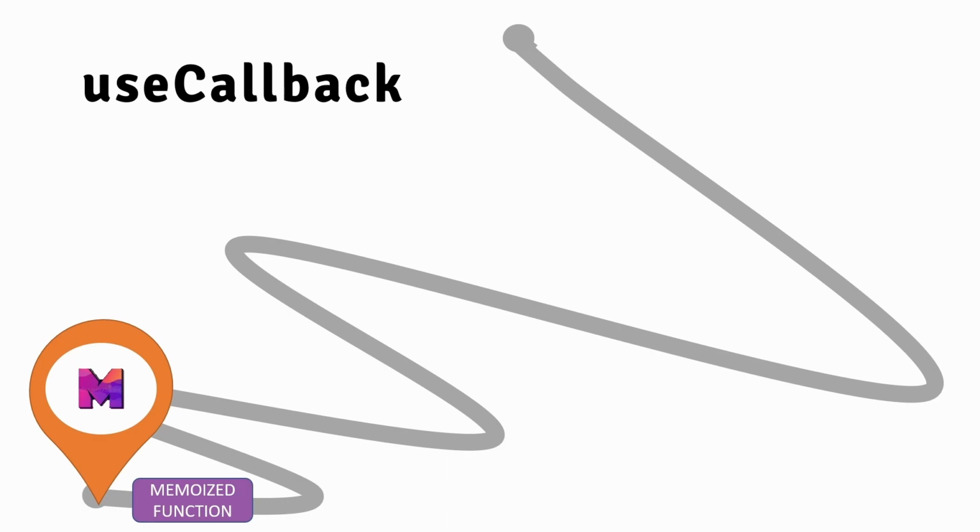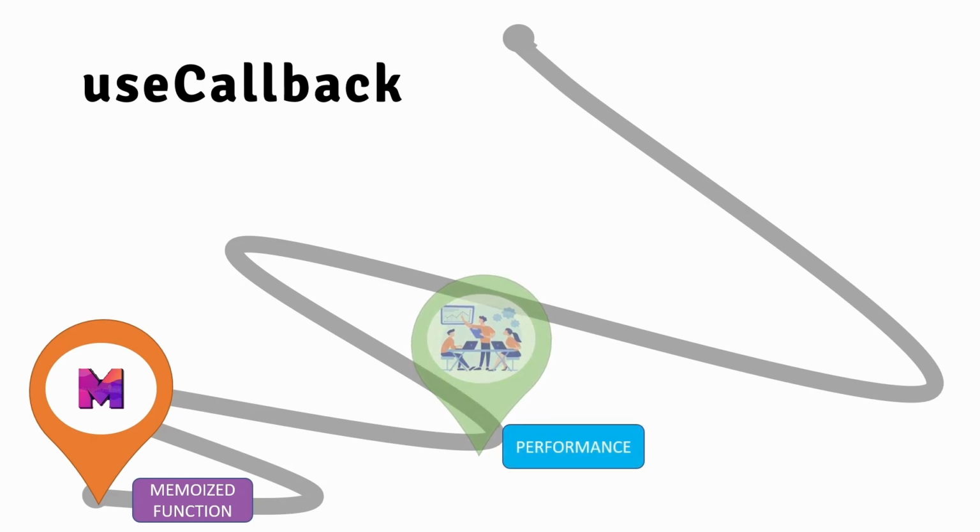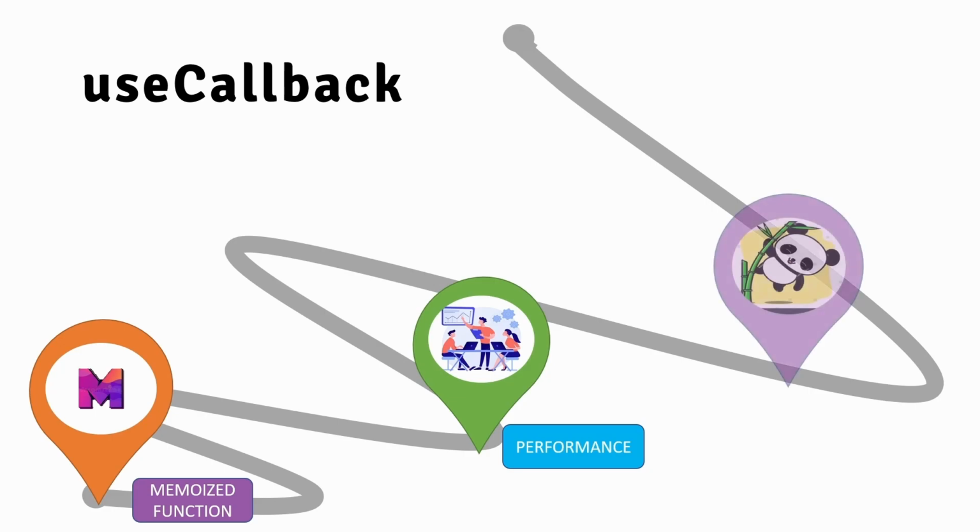So if the value is repeated, it will not trigger the component, so the performance will be increased by reducing re-rendering. Next, we can use the dependency for useCallback.